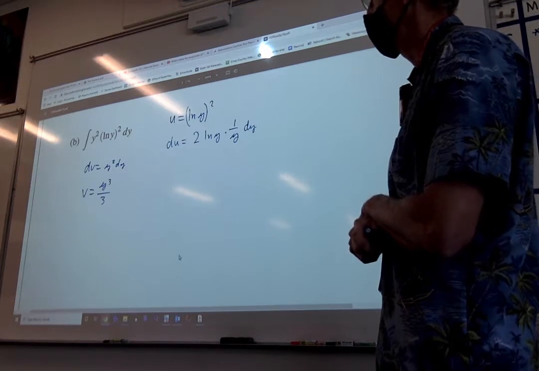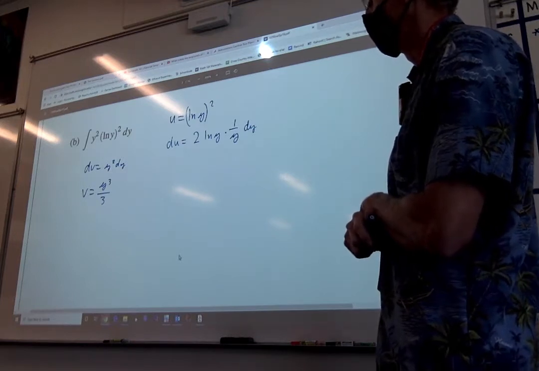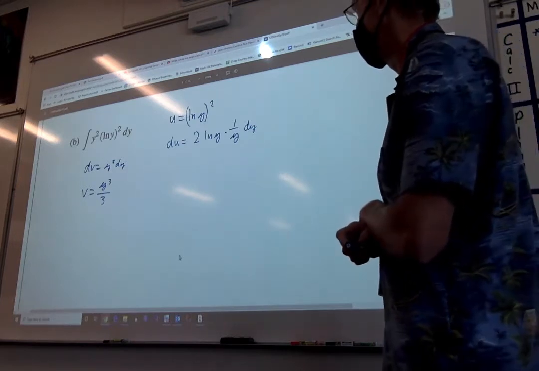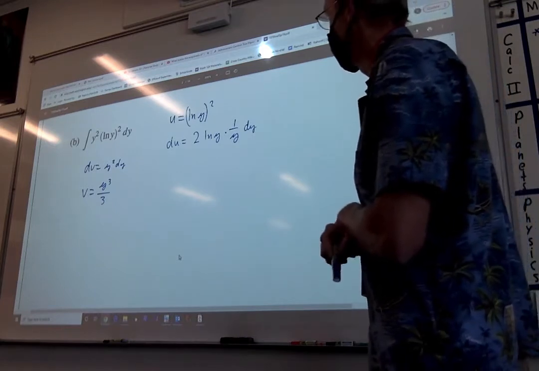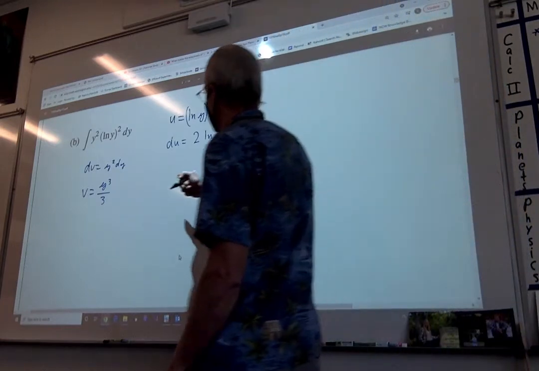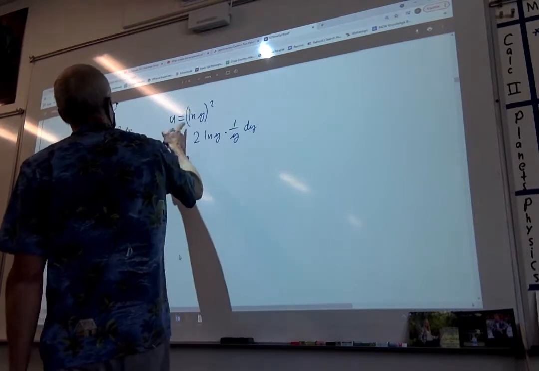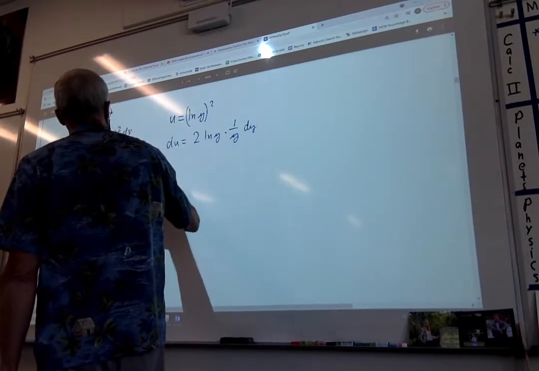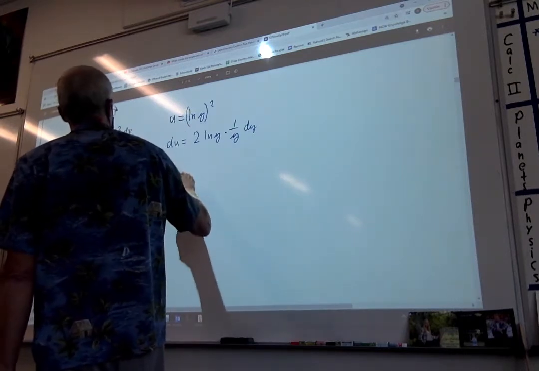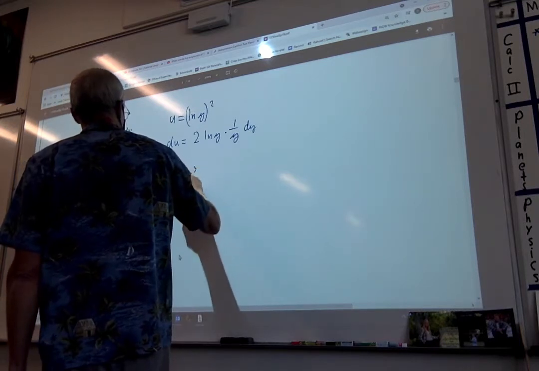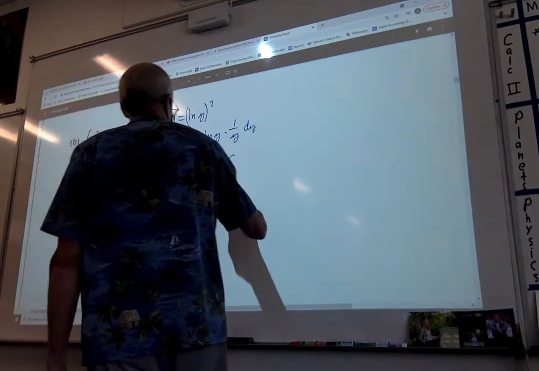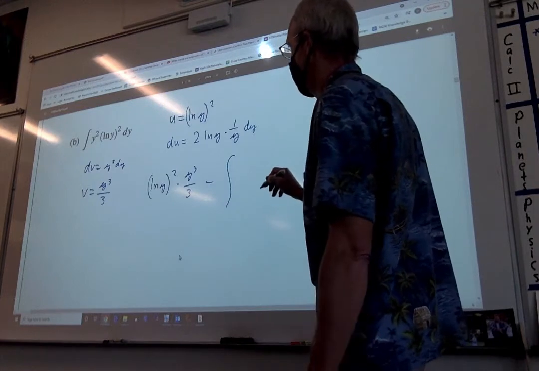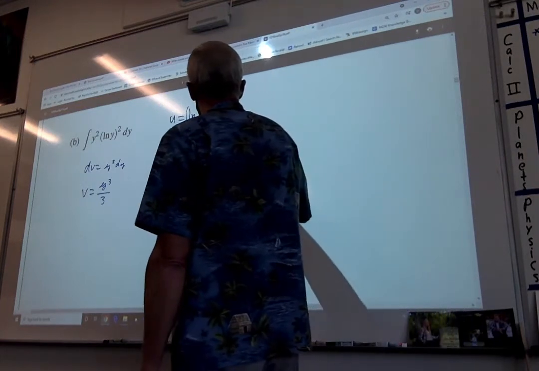U dv, yep. Again, this is looking ugly, but the uv is always easy. So uv is this ln of y squared times y cubed over 3. And let's hope this integral works out. Minus v du.